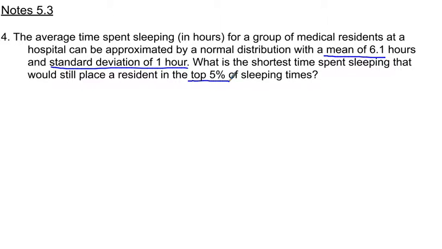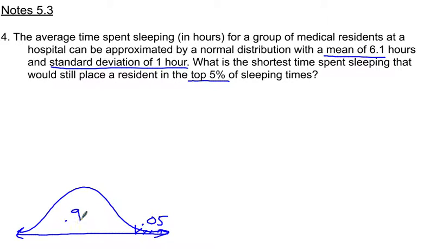Now, this problem is a little bit different, because if we look at the normal distribution, the top 5% would be over here. Very small probability up there, 0.05. So if this area is 0.05, the area to the left, the area below, would be 0.95. So our p-value here is actually 0.95.